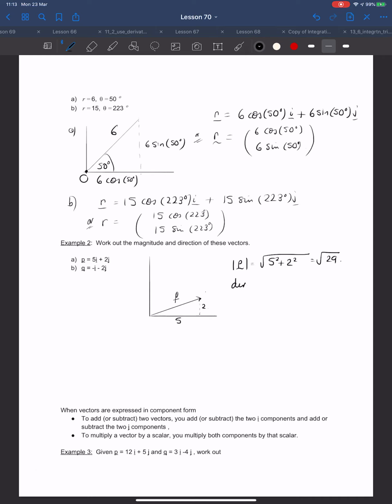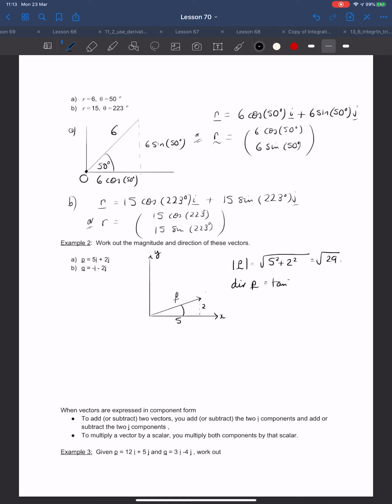The direction of P: when we do bearings, and this came from the last video, we measure clockwise from the north. For these types of vectors, we measure anti-clockwise from the positive x-axis.